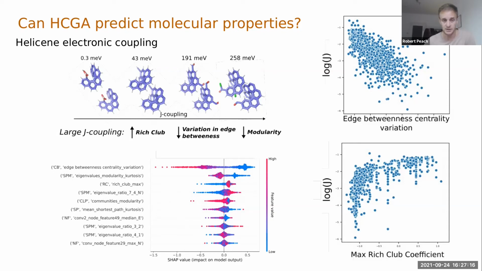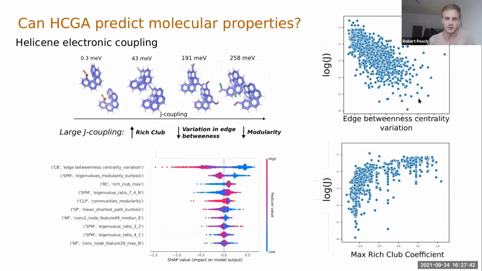And we found that very simple things like a larger rich club, lower modularity, and lower variation in edge betweenness were very good for predicting these kinds of electronic coupling values. You can see on the right, this was more of a regression problem.